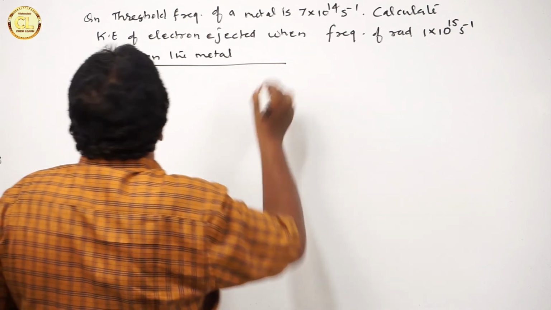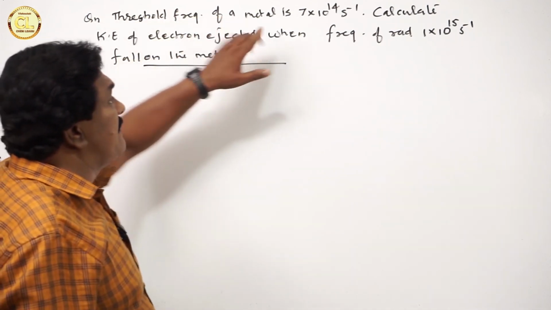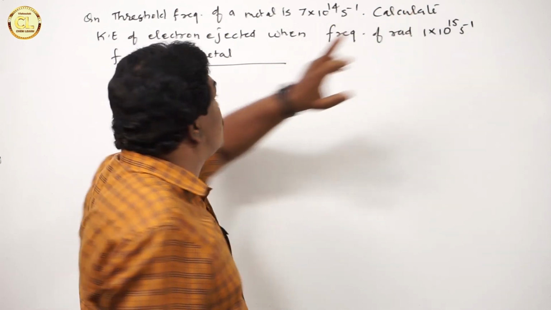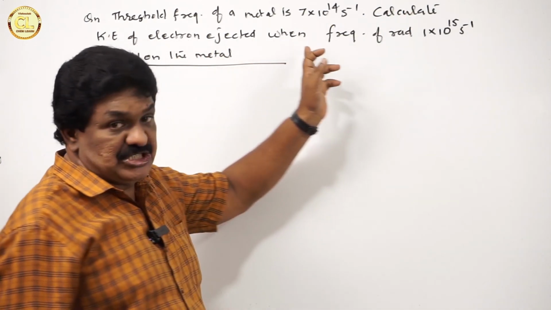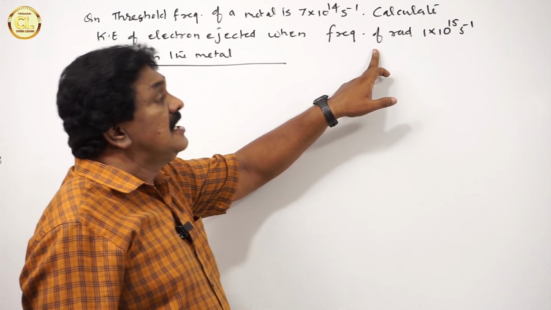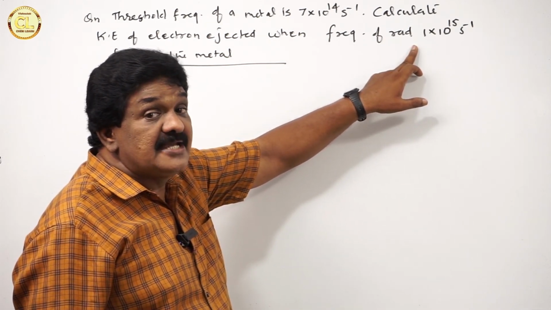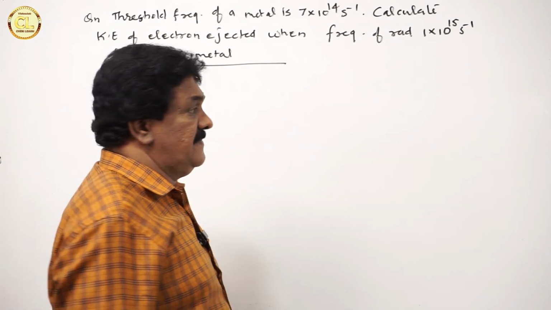So I am going to repeat the question. The threshold frequency of the metal is 7 into 10 raised to 14 per second. We are asked to calculate the kinetic energy of the electron when a radiation of frequency 1 into 10 raised to 15 per second strikes or falls on the metal.